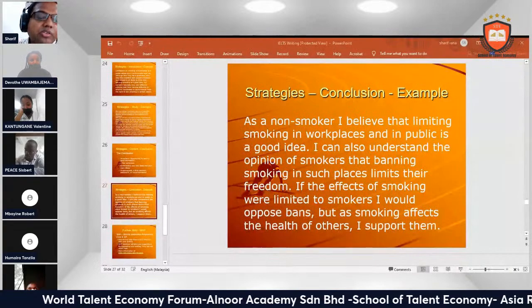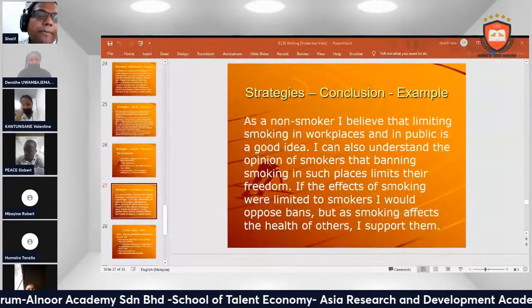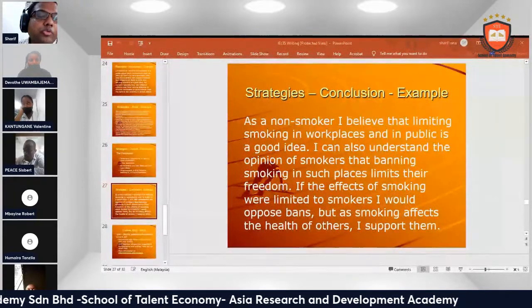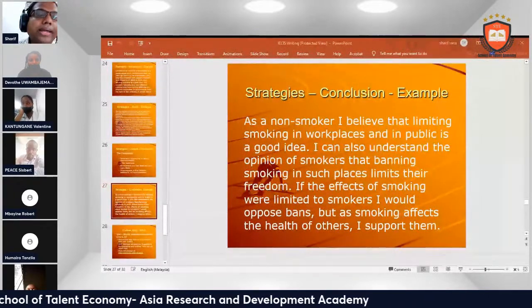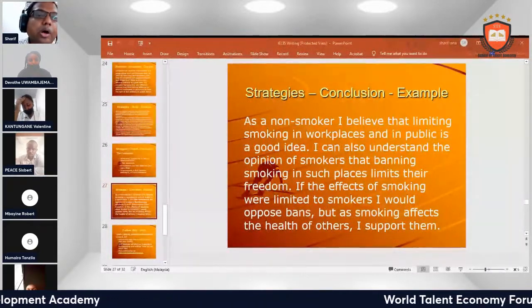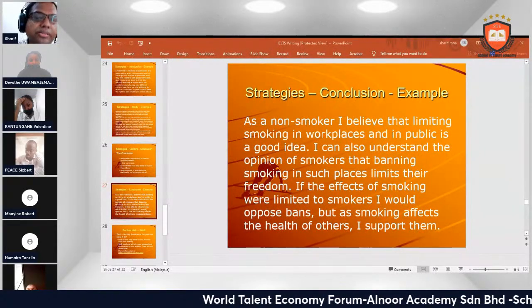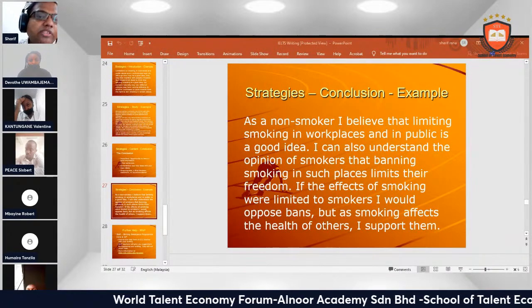You have to analyze why it is harmful for health, why smoking is harmful for our body, how it causes cancer, and how it will create an impact in our family and in our society. You have to write in this way.